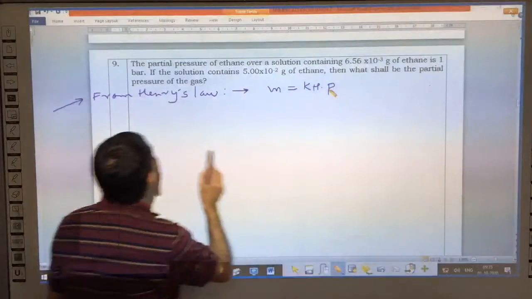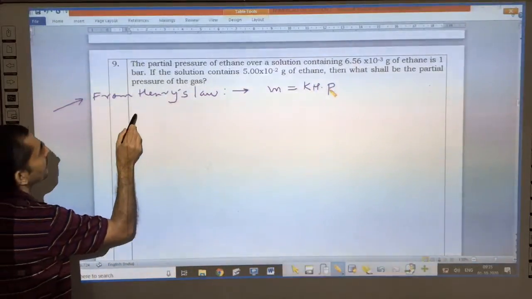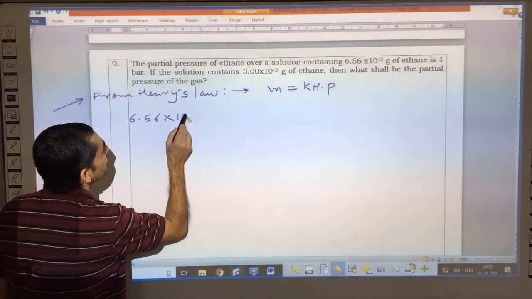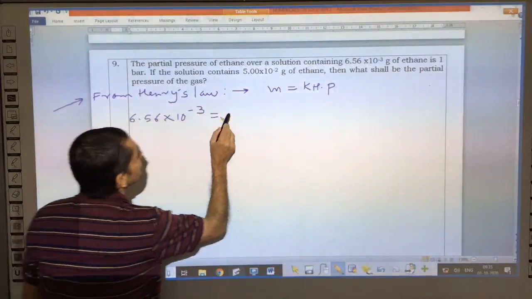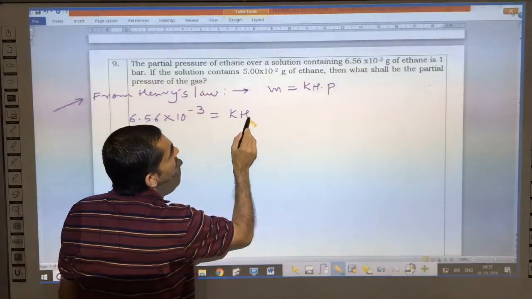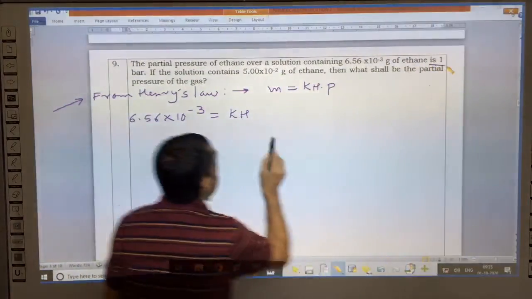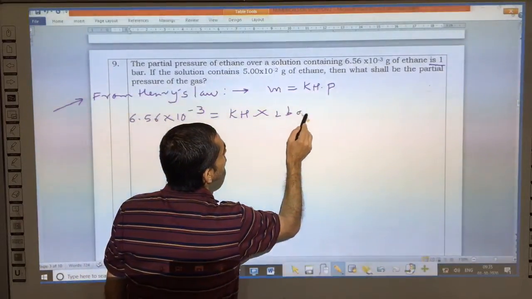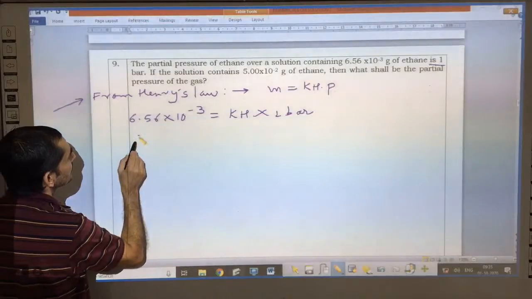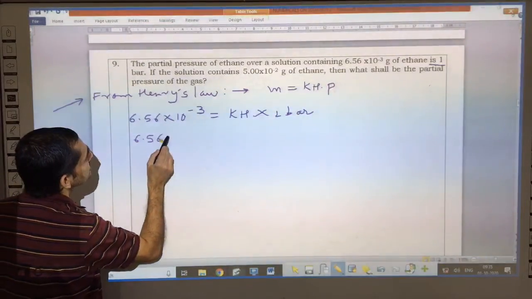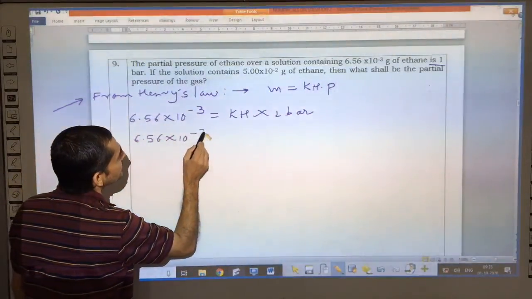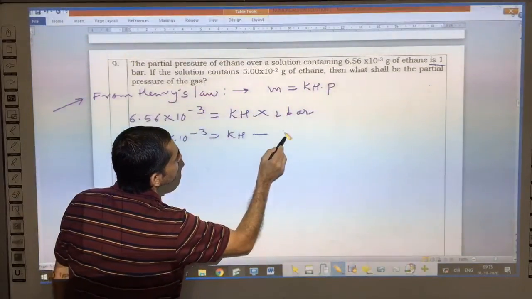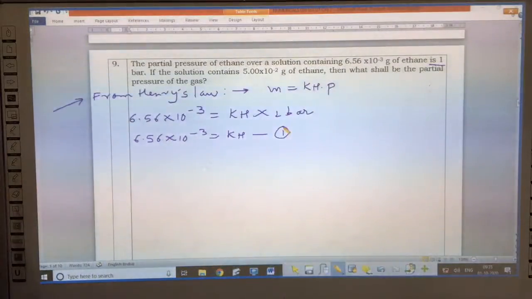Mass is given: 6.56 into 10 to the power minus 3 is equal to kH into pressure. Here pressure is 1 bar. So therefore, what is kH? This is the value of kH, equation number 1.